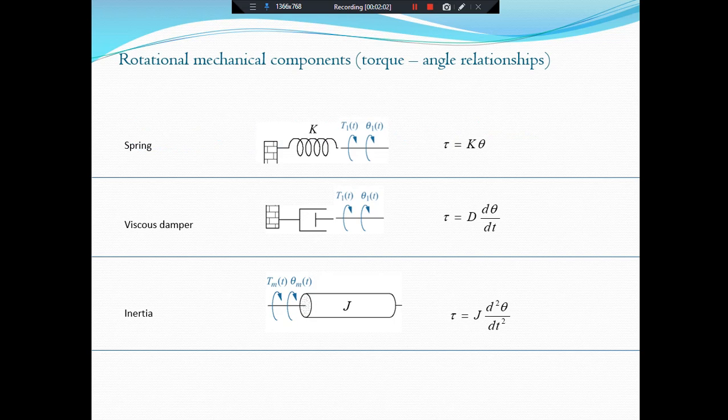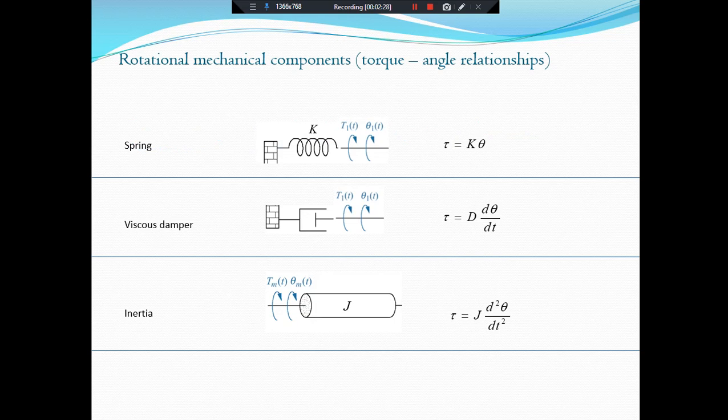For a spring, we have f(t) = kx(t), while here force is replaced by torque, and k is the spring constant or stiffness. In translational, the displacement is x(t); here it is the angular displacement, theta.